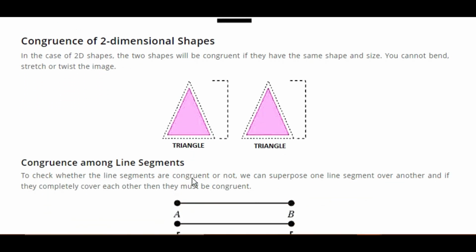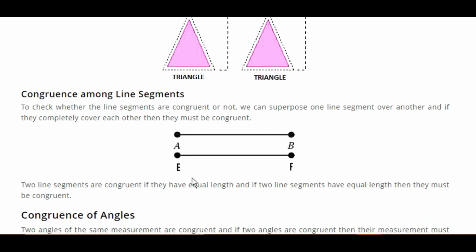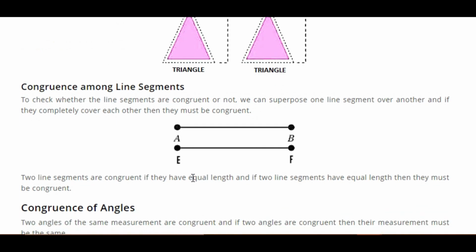First, we will begin with congruence among line segments. How should two lines be called congruent? To check whether the line segments are congruent or not, we can superpose one line segment over the other.